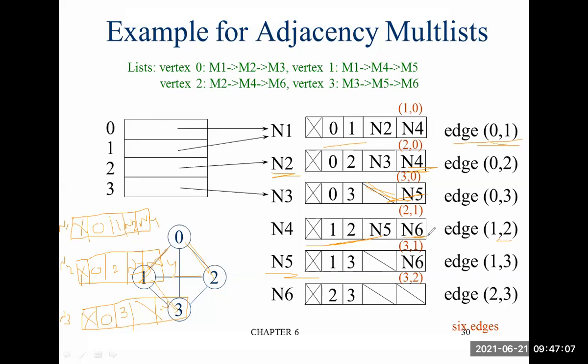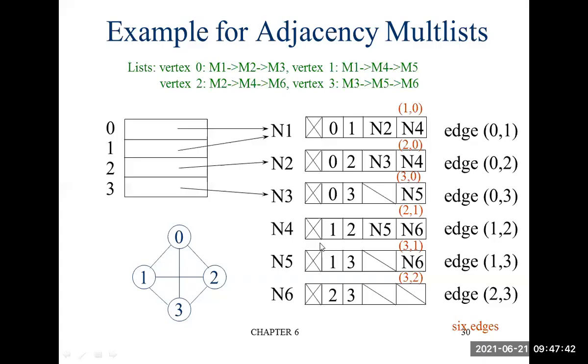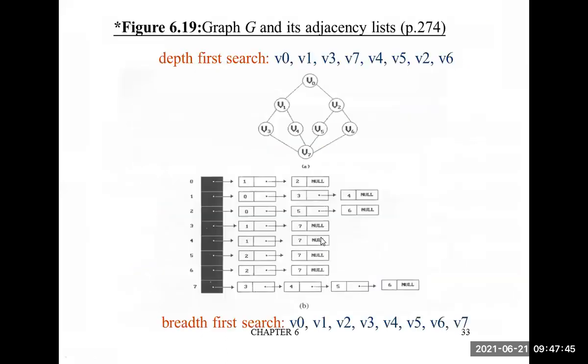So next link, next move where we go, that is represented: first you consider node 0, then next path, node 1, then next path. So this is the adjacency multilist.